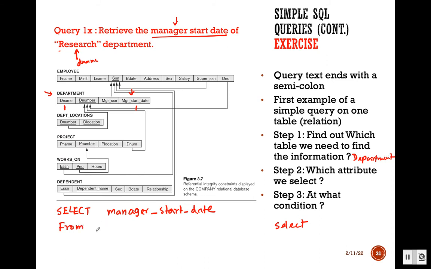the name of the table, we need only one table. Where the condition is D name equals to research. So D name equals to research.